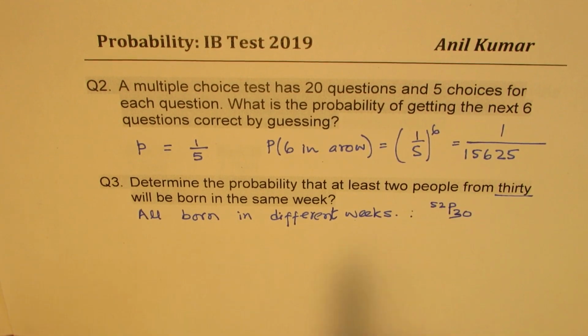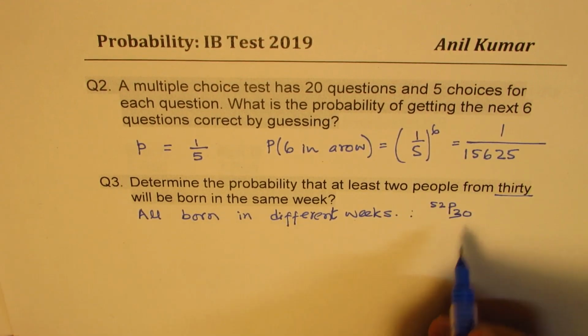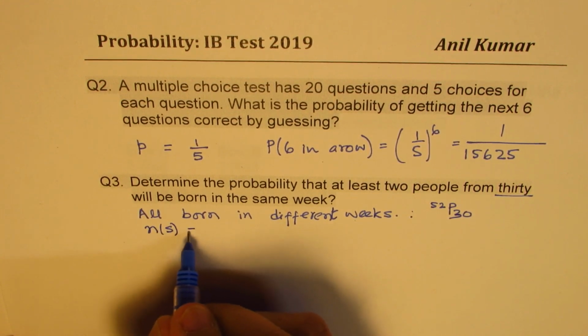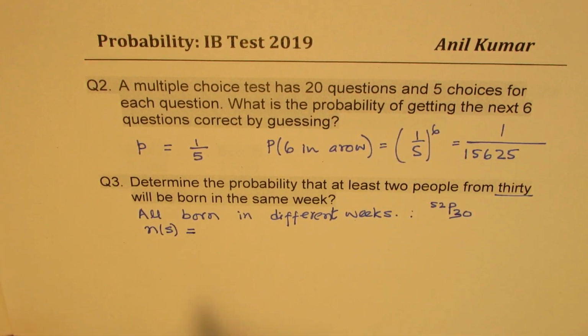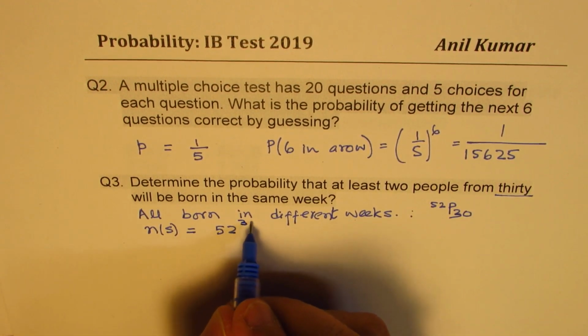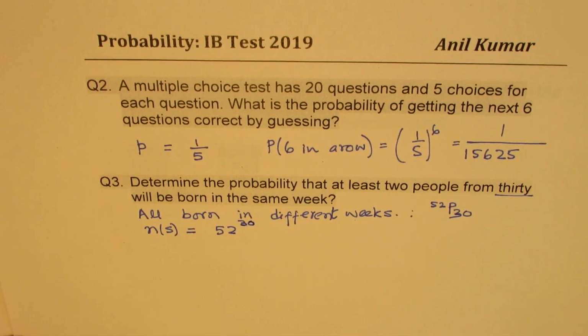So now, what is the total number of cases? Total number of cases in our sample space is 52 to the power of 30, right? Since there are 30 students and any out of 52 could be chosen.